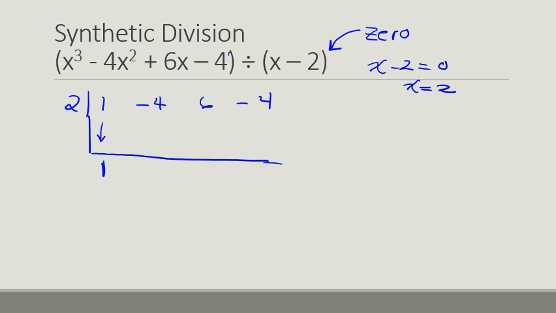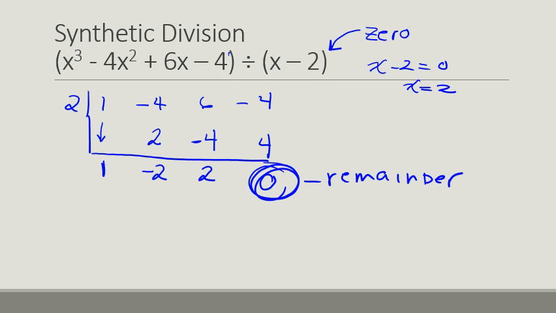So 2 times 1 is 2, and then you add. Negative 4 plus 2 is negative 2. You multiply again. 2 times negative 2 is negative 4. You add 6 and negative 4, and that gives you 2. 2 times 2 is 4. You add, and that gives you 0. This is always your remainder.